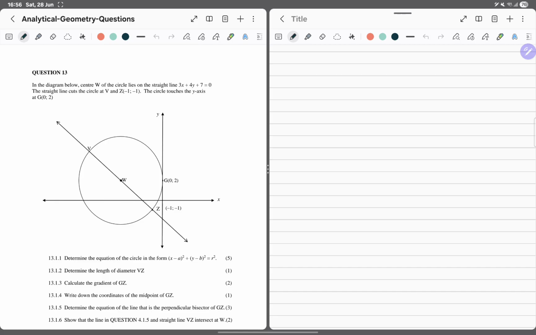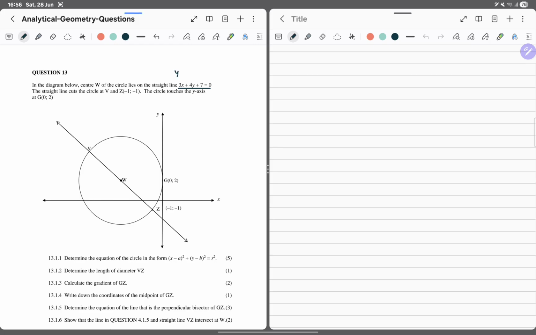Now let's have a look at this question and just gather some thoughts, and I will highlight some notes for you students to keep. Now question 13 reads, in the diagram below, center W of the circle lies on the straight line. Now this straight line is written in a way that I don't like.